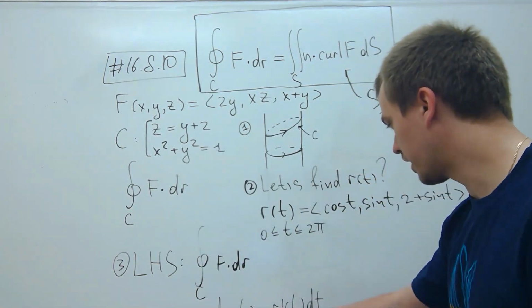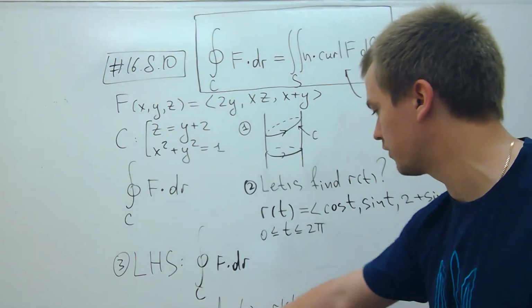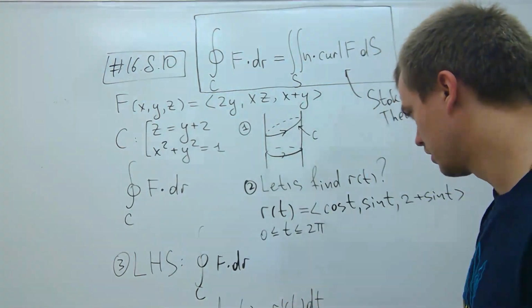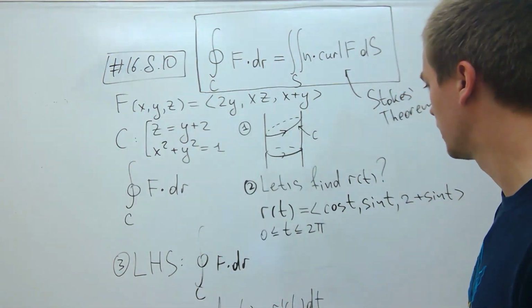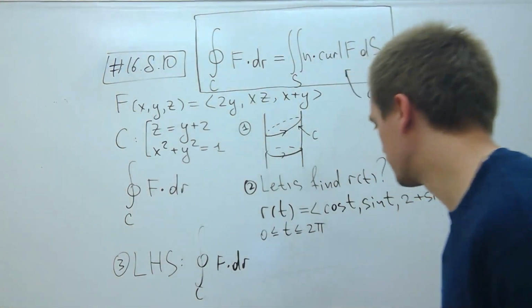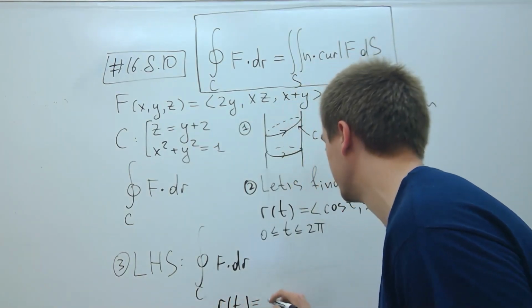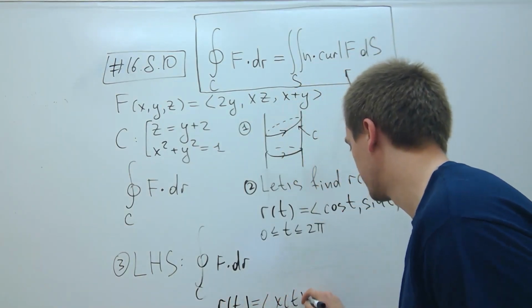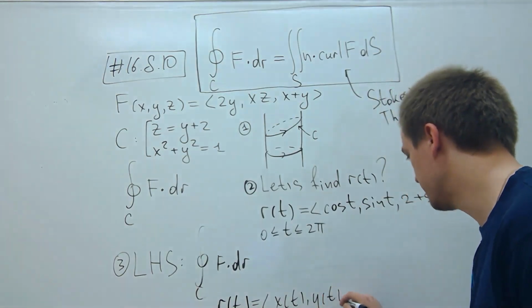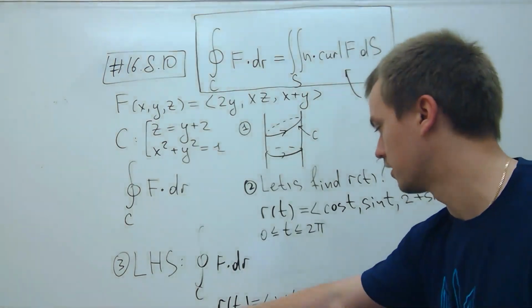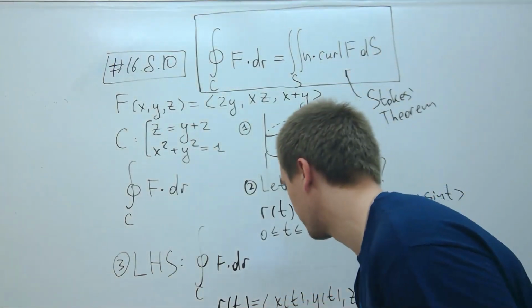But this is true only if r of t is a real-valued function. So I need to explain this in a different way. I need to say that my r of t equals x of t, y of t, z of t.